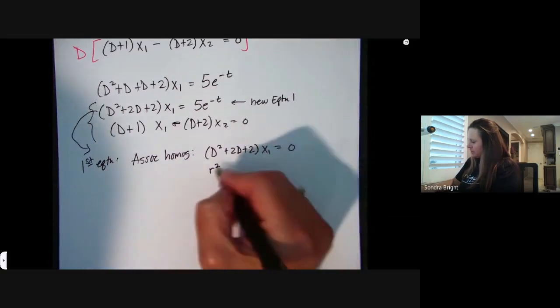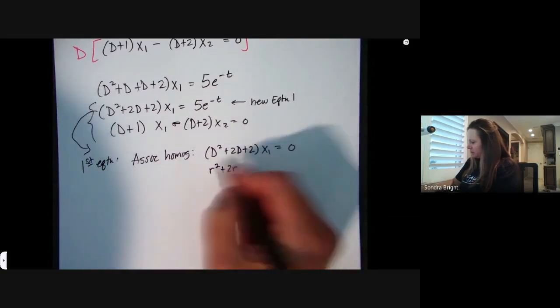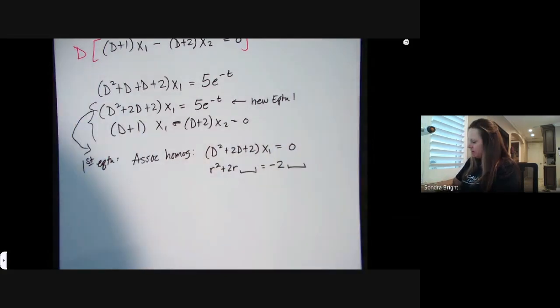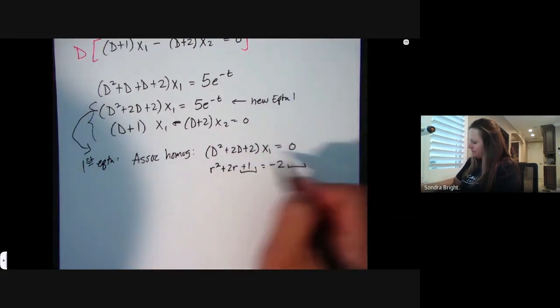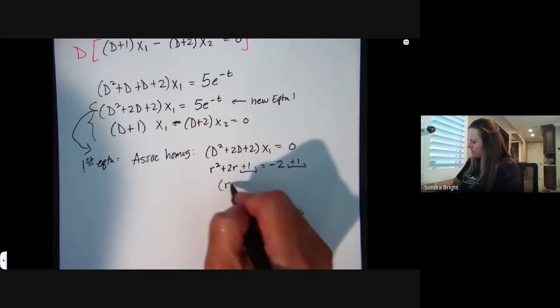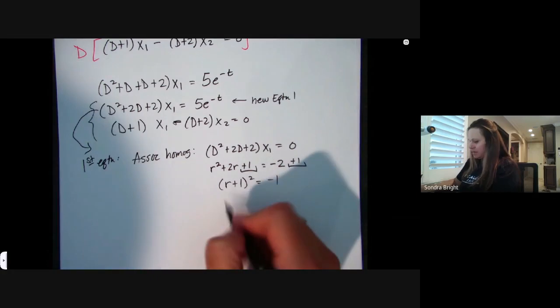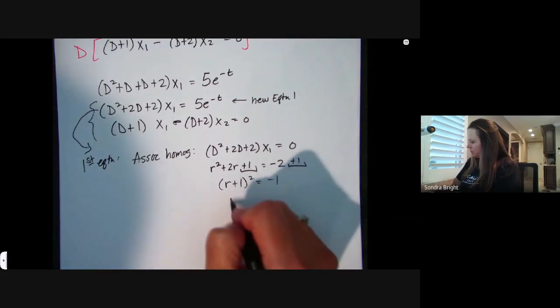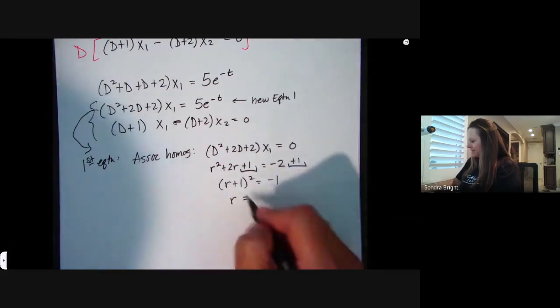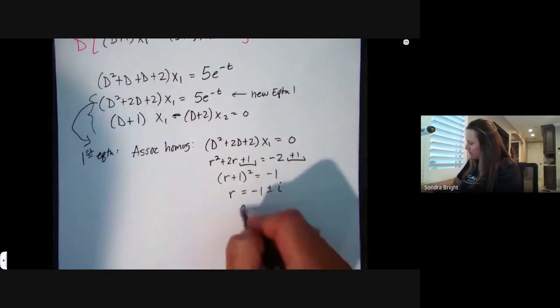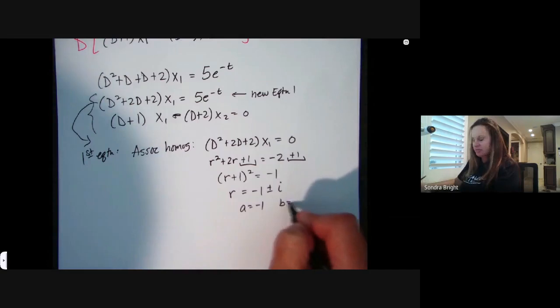It's r squared plus 2r, leaving a little space, negative 2, leave a little space. I'm going to complete the square. This is a plus 1. So that becomes r plus 1 quantity squared is equal to negative 1, which means r is equal to negative 1 plus or minus i. So this time you have a is equal to negative 1, and then b is positive 1.